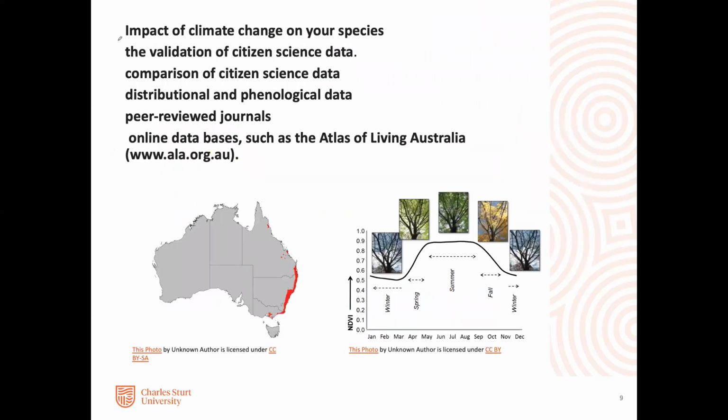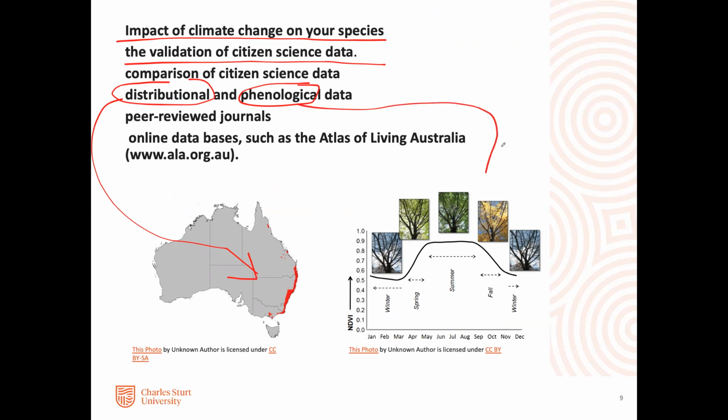So, essentially, what is the impact of climate change on your species? How useful are citizen science programs? We talk about the distributional and phenological data. So distribution is pretty straightforward. Where's your species found? And phenological has to do with the day-to-day sort of changes and seasons and that sort of thing, yeah?